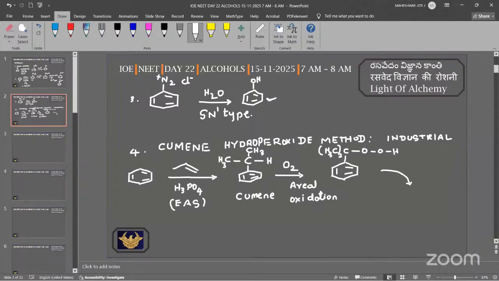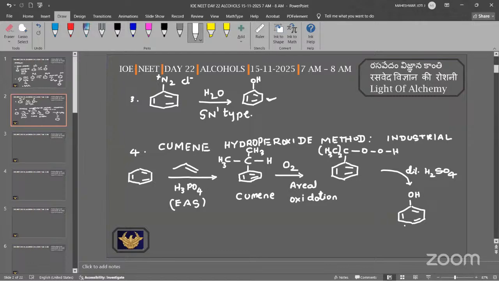Now cumene hydroperoxide is treated with dilute H2SO4, because this oxygen should be bonded to the benzene ring carbon. So this compound is protonated. On protonation, it gives phenol.